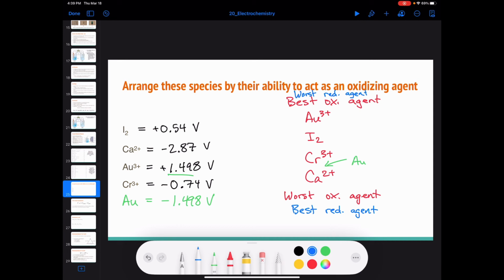So remember that anything can be oxidized or reduced, right? But some of them just really want to be oxidized and some want to be reduced. And really it just comes down to stability, right? Something like gold is more stable when it's a gold solid than it is when it's a gold 3 plus ion, okay? And so that's where all of these factor in, okay?